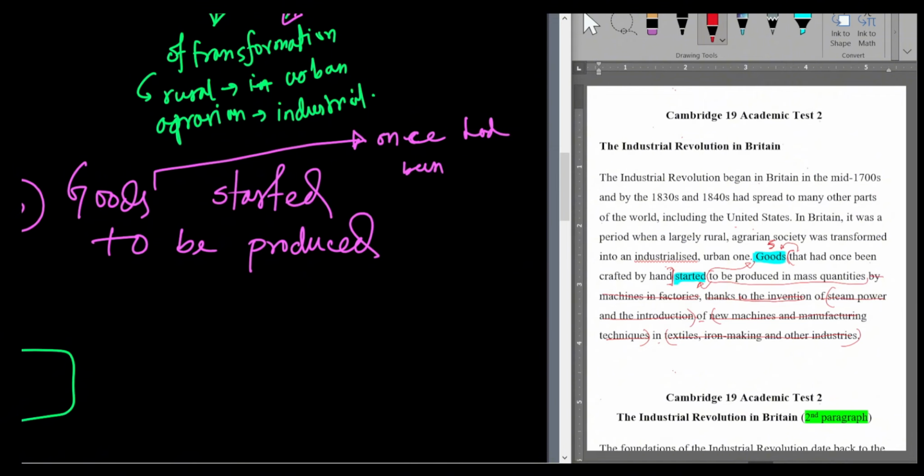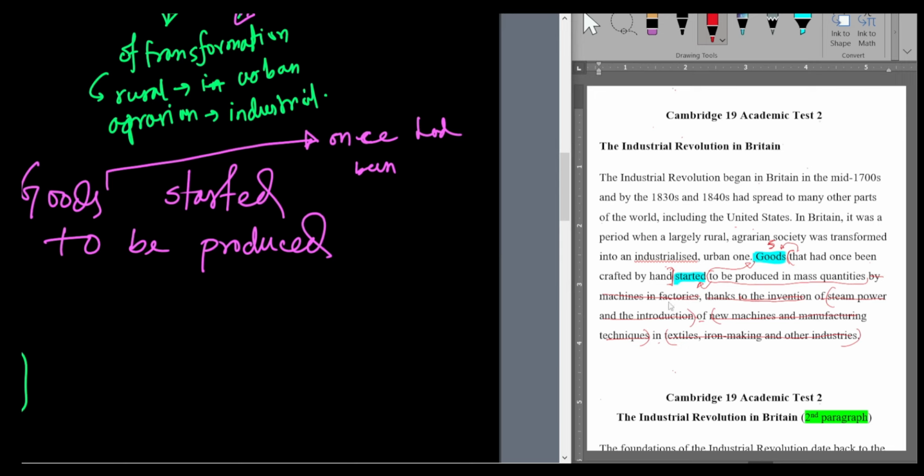Before, okay, this is the period before the industrial revolution, as this is explained in the past perfect tense. So this was done in an earlier period. Once had been crafted by hand. So this is not inside our main idea. This is just supporting details.